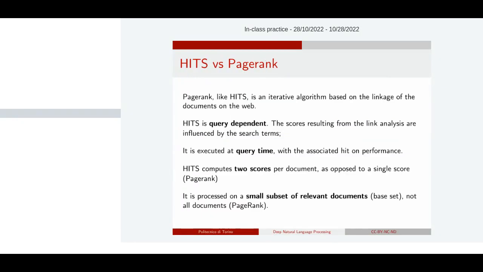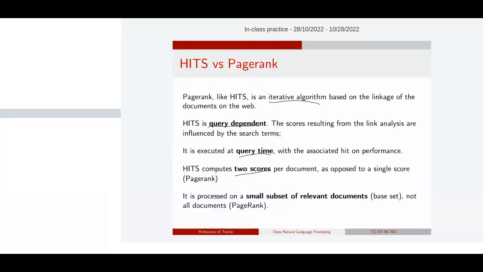So HITS is an iterative algorithm. It means that it iterates multiple times till convergence. HITS is query dependent. So it means that the scores are influenced by the search terms, and it's executed at query time, and it computes the two scores, so all the things that I already said.